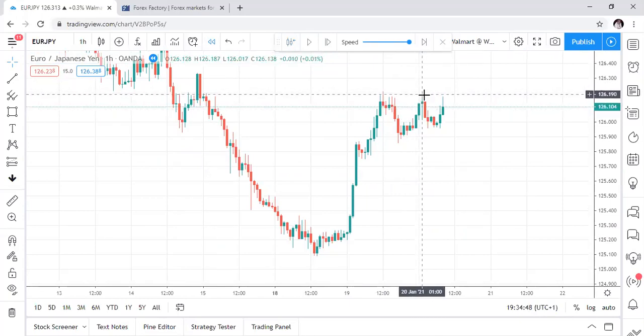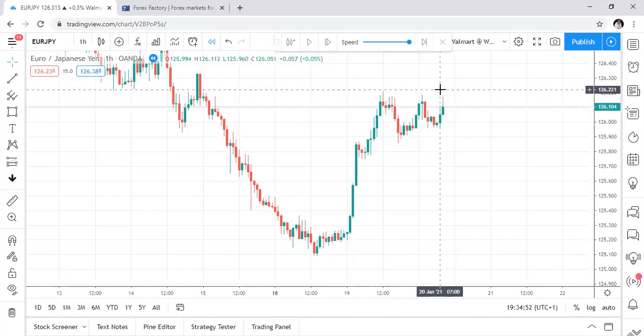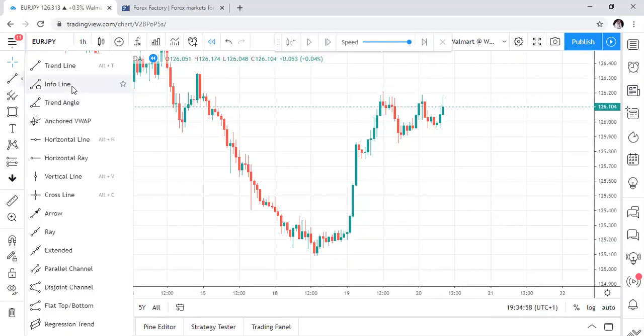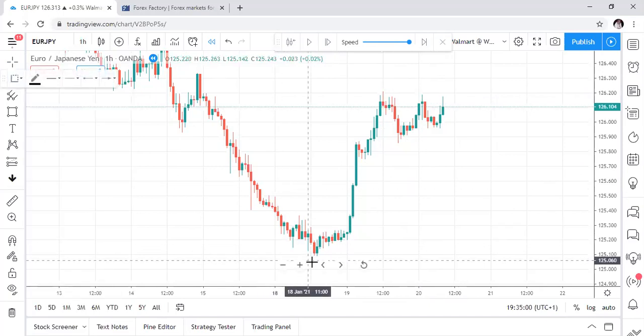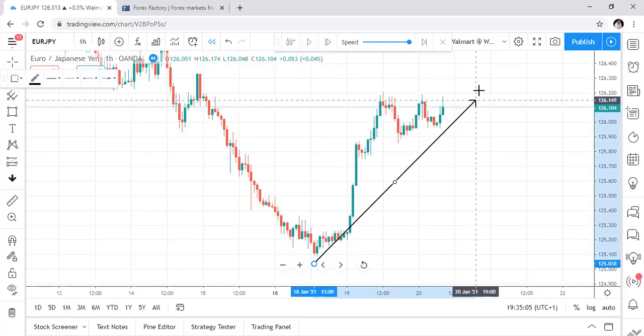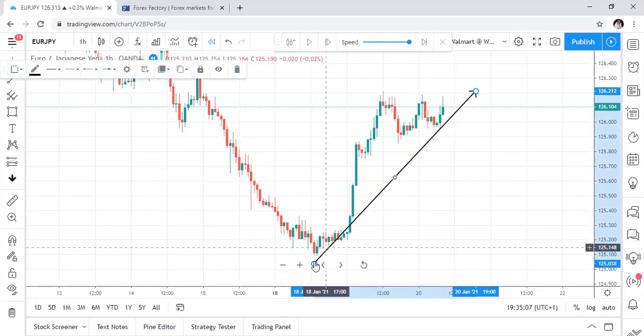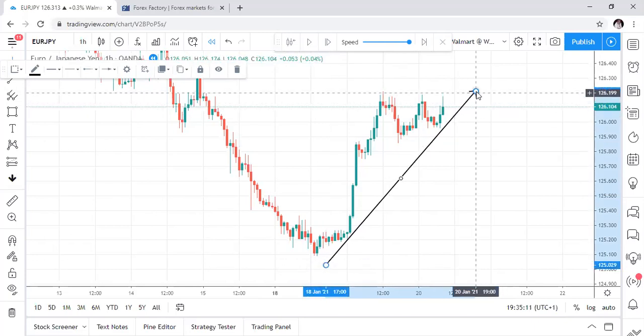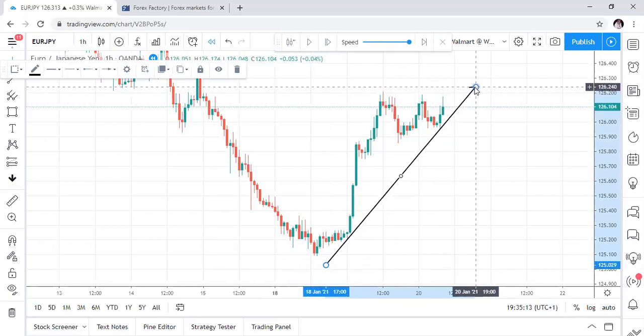Equal high, because this candlestick will not pull up to this. I want to see a break of market structure. I use my trend line, or if you don't use yours, just use your eye. But I want to use mine so that I can have the timing right.